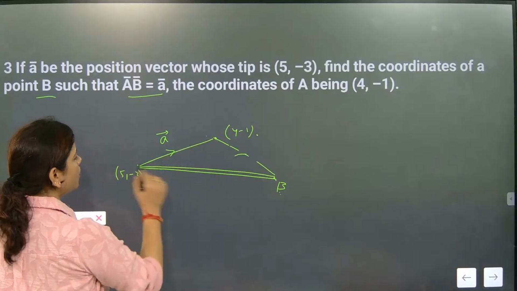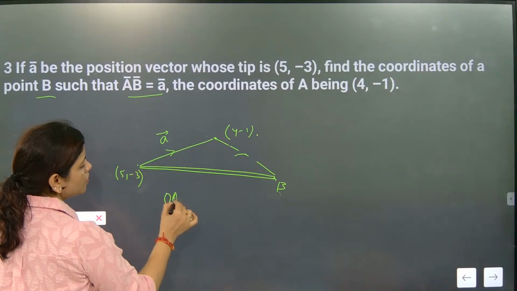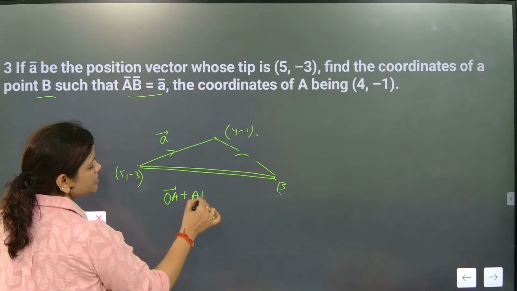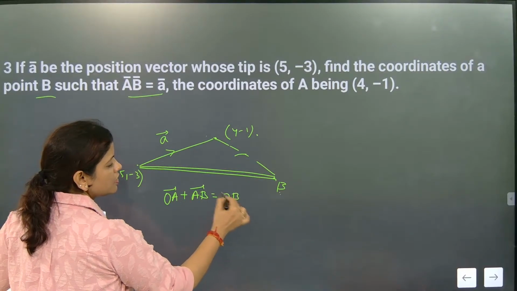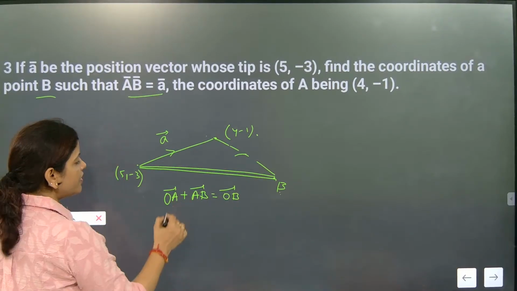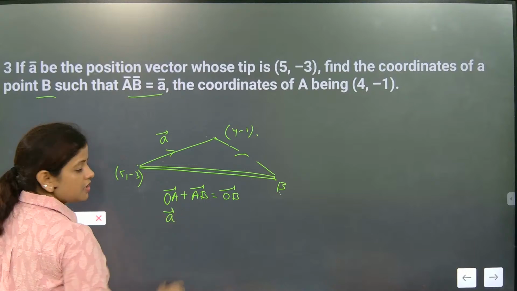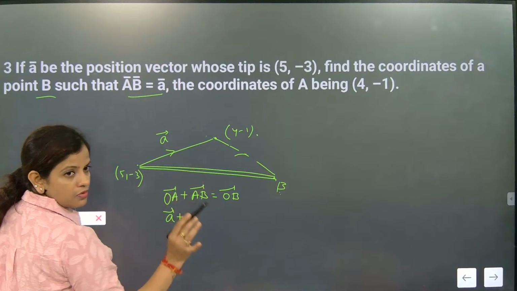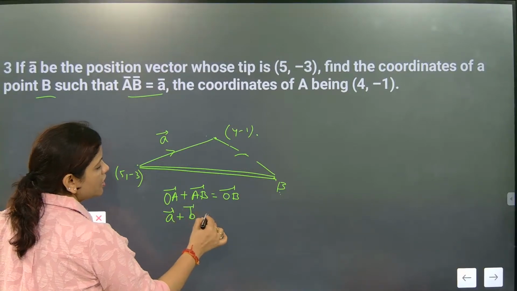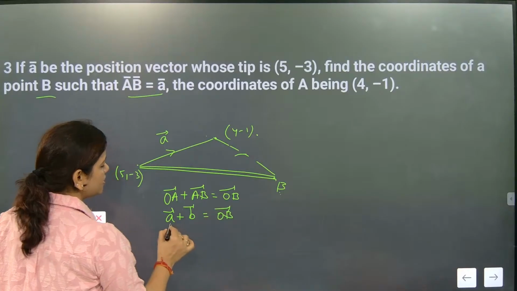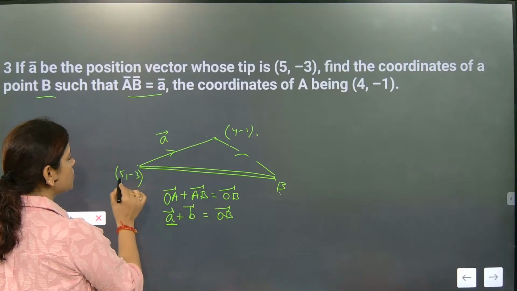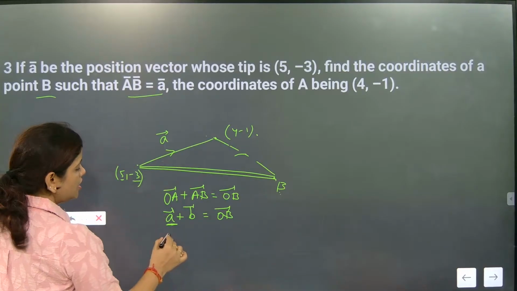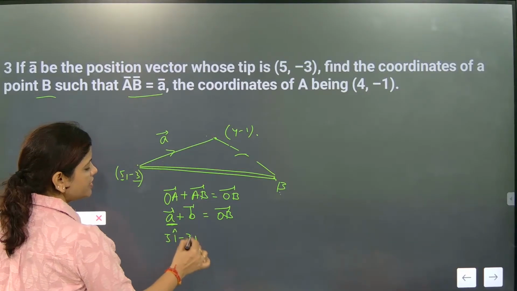So we know OA. So we will write OA vector plus AB vector is equal to OB vector. OA vector is taken as A vector. AB vector value we don't know, we will take it as B vector. And that will be equal to OB vector. So A vector can be written as 5i minus 3j.